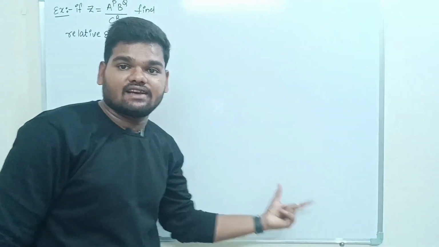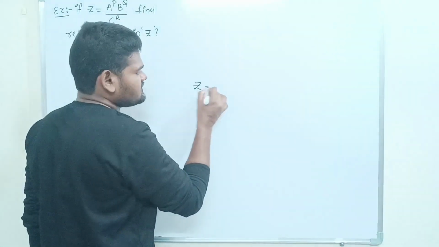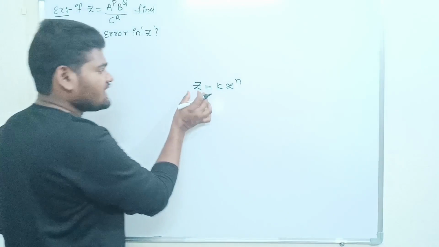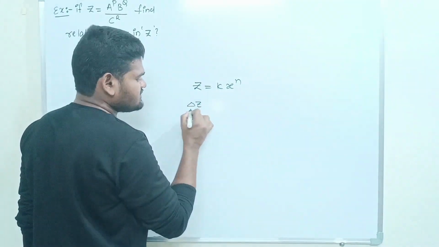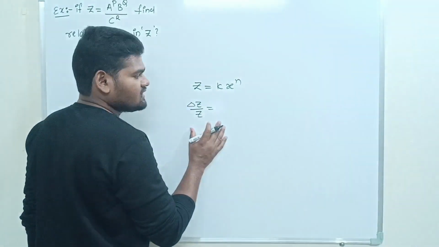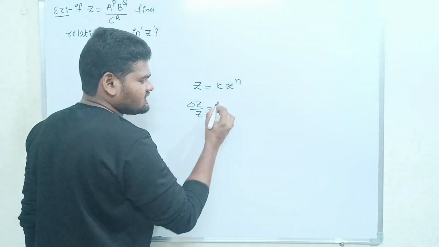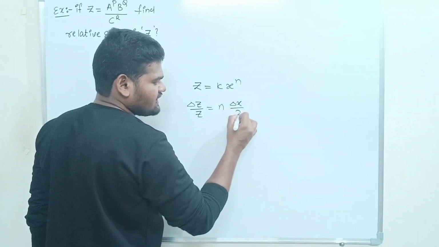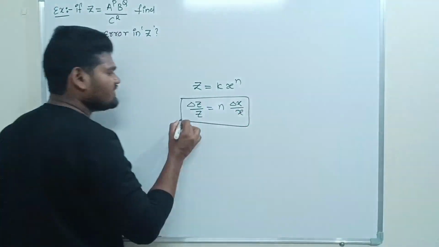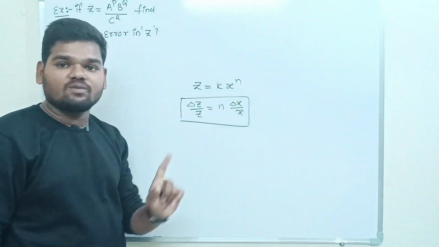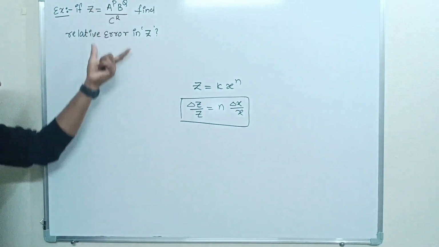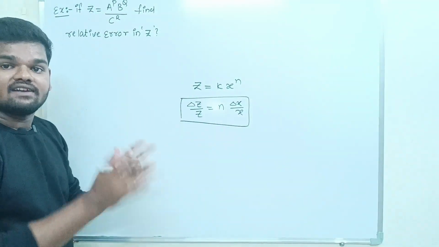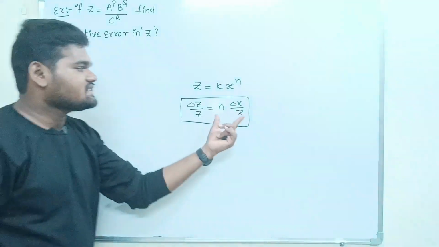So just now we have seen that z is equal to k into x to the power of n. So what is the relative error in z we got? Delta z by z is equal to n in front of delta x by x. So this is the relative error whenever the physical quantity has power n. So do the same thing here. Don't apply log, and don't differentiate on either side. Just follow this concept.